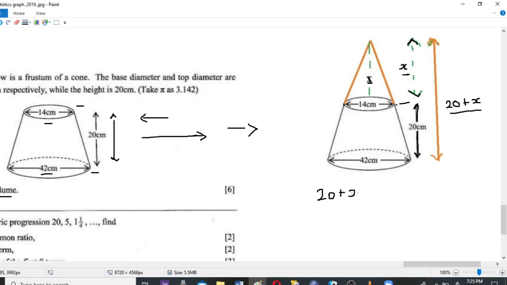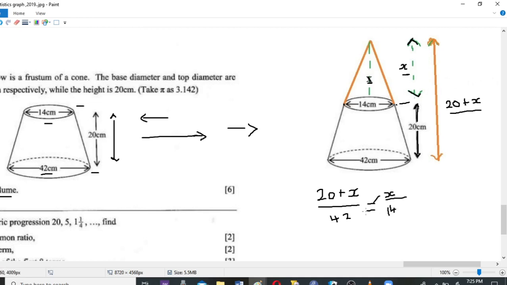This we divide by the bottom diameter for the whole frustum, which is 42. On this side we use the height of the small frustum, the one on top. That is a conic frustum, and its diameter is 14 as well.